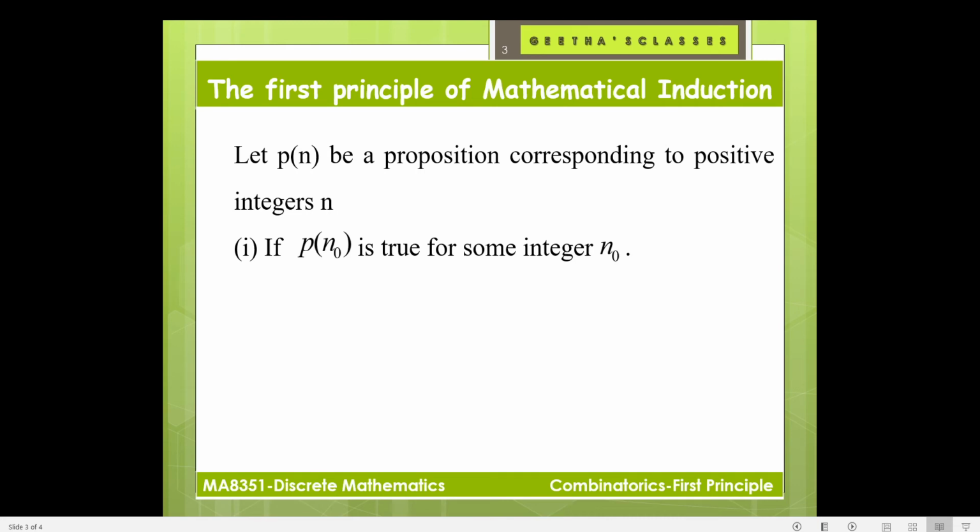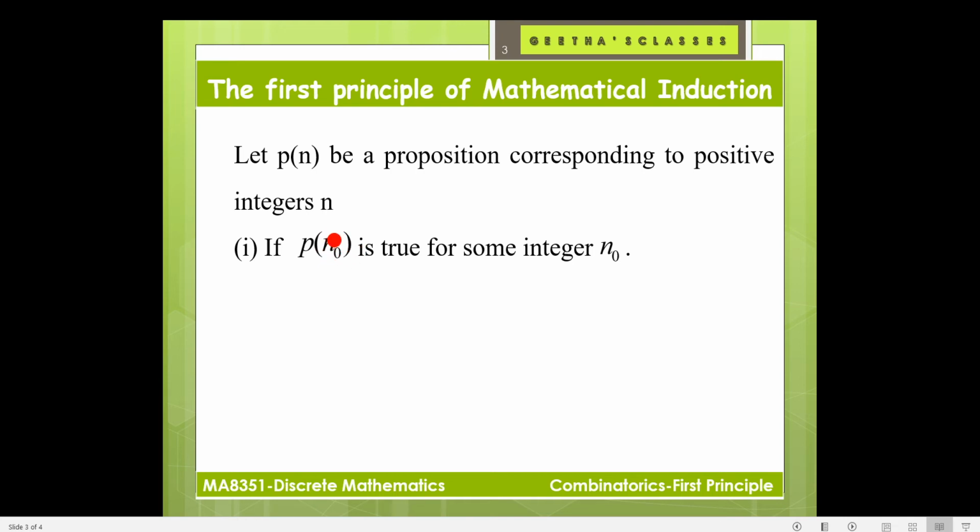So this is the definition for the first principle of mathematical induction. Let p of n be a proposition, that is the proposition corresponding to positive integer n. First, if p of n naught is true for some integer n naught, this first step is nothing but the basis step. In this step we are going to take n naught to be 1.